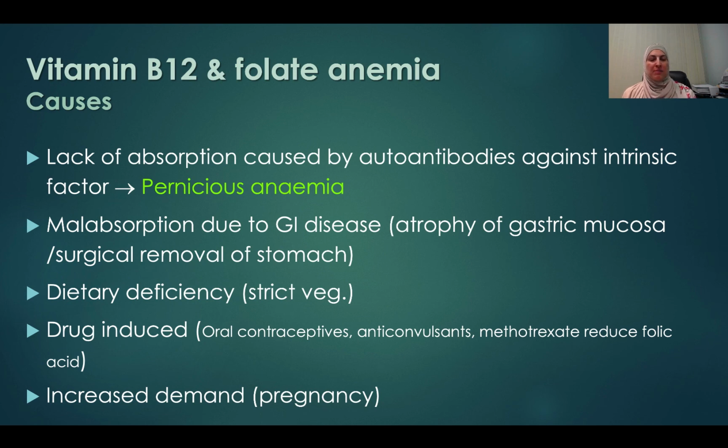Drug-induced: some medications might affect the absorption of these supplements. Examples include oral contraceptives, anticonvulsants like phenytoin. Methotrexate is known to reduce the amount of folic acid. So usually when methotrexate is prescribed for any patient, we prescribe folic acid supplements to be taken as long as the patient is taking methotrexate medication.